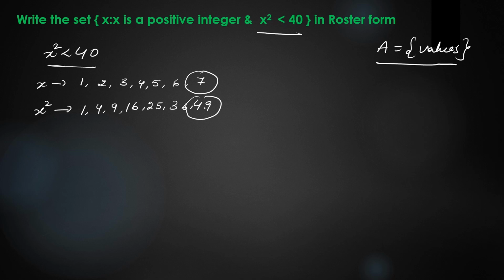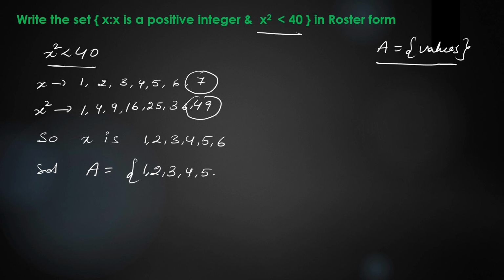So what will be our set? What are the values of x? x is 1 comma 2 comma 3 comma 4 comma 5 comma 6, and the solution would be A is equal to 1 comma 2 comma 3 comma 4 comma 5 comma 6.